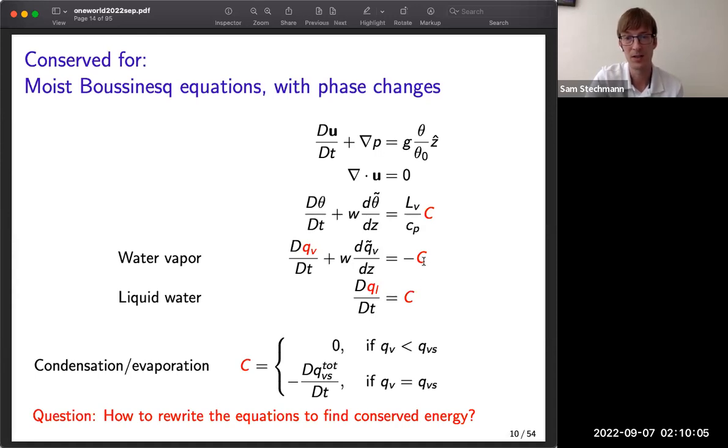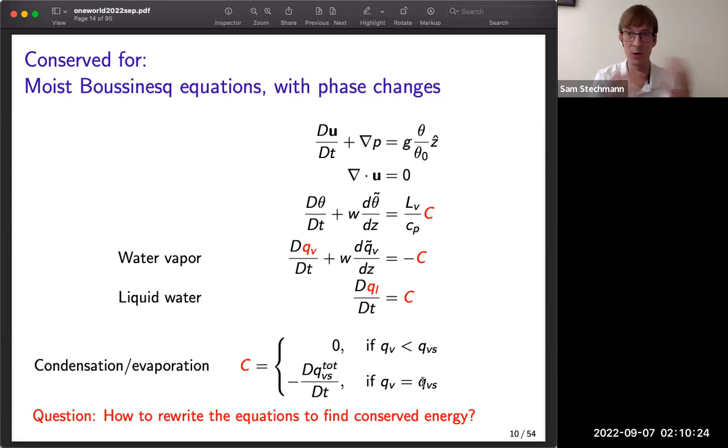And this C for condensation and evaporation, I'm not going to go into too much detail about how it's done, but the precise definition is down here, and it's more or less defined just to maintain the constraint that the vapor is not allowed to go above saturation.